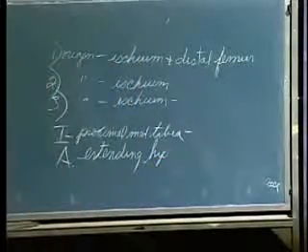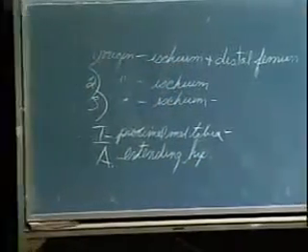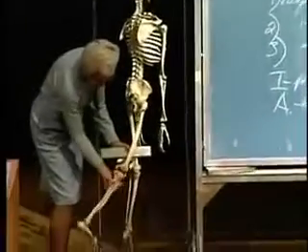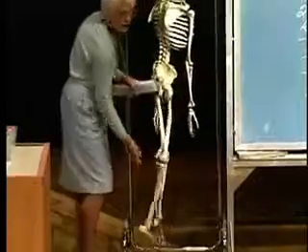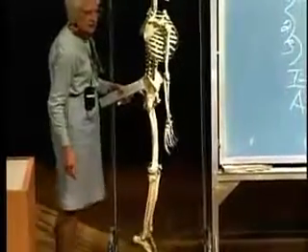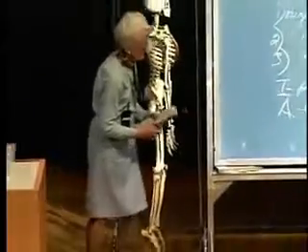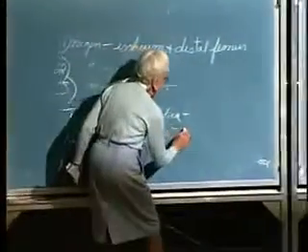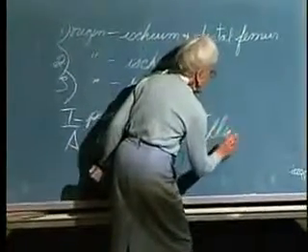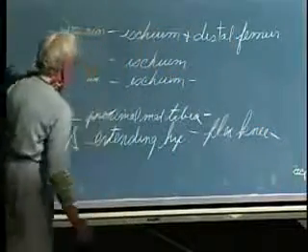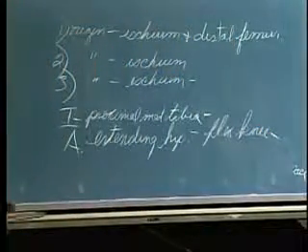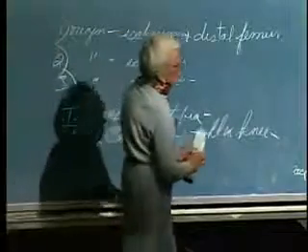But then they're coming on down to proximal tibia. So what are they doing here? At the knee. That's flexing. That's flexing the knee. All right, that gives us our posterior thigh muscles.